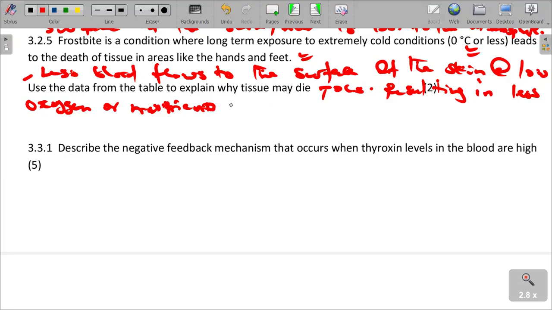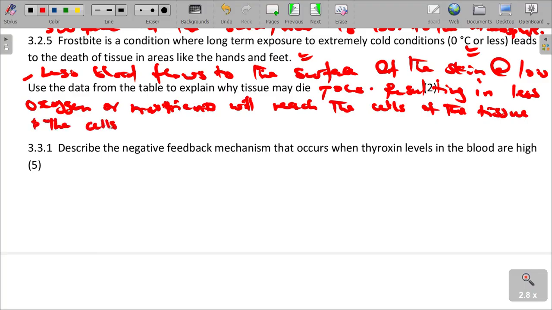Less oxygen or nutrients will reach the cells of the tissue, therefore the cells may die. The cells may die because in cold times there is less chance that the blood will flow to the surface of the skin.